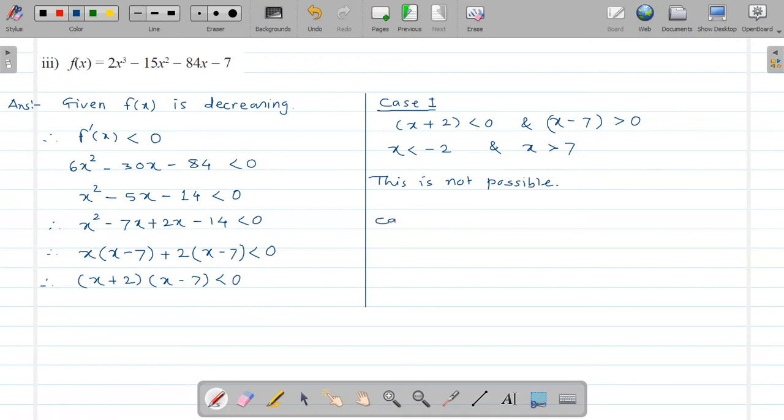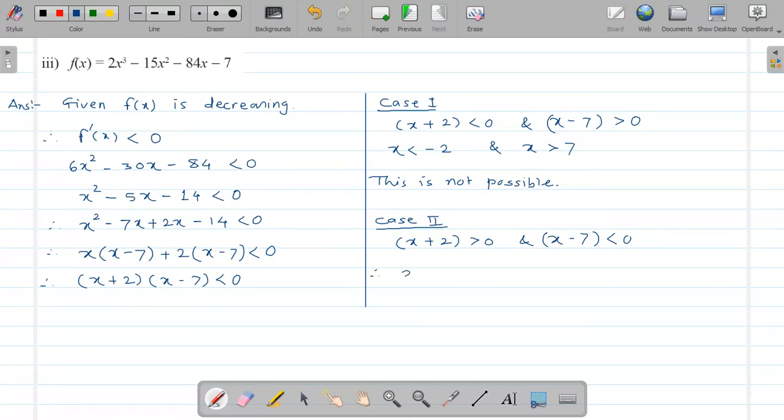Then you have to consider case number 2. We will consider case number 2 as x plus 2 greater than 0 and x minus 7 less than 0. So here the first number is positive and the other number is negative.